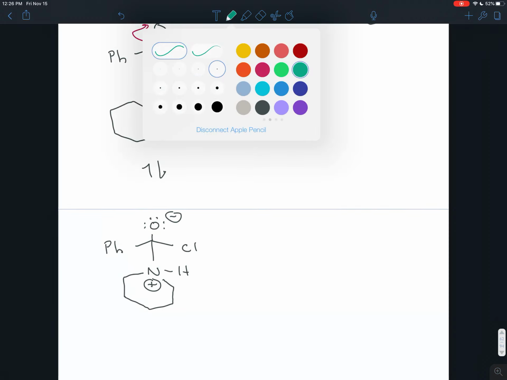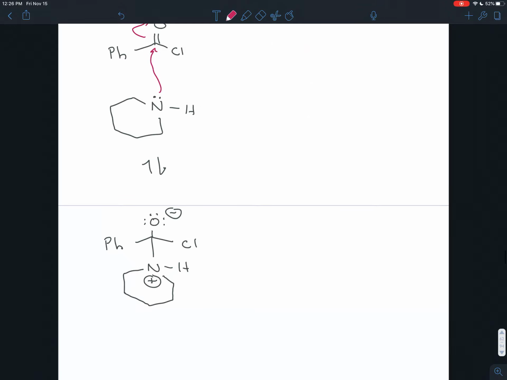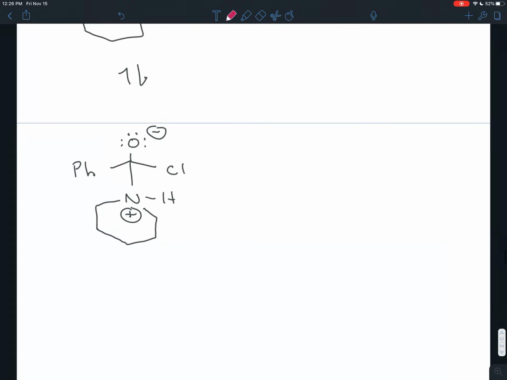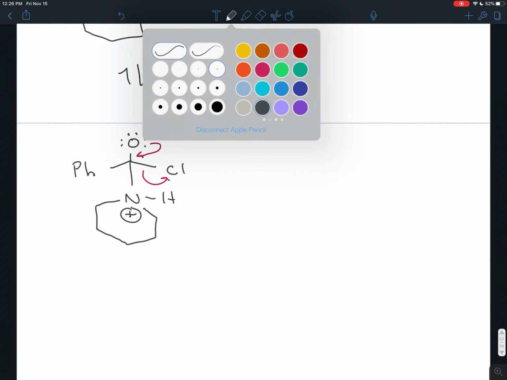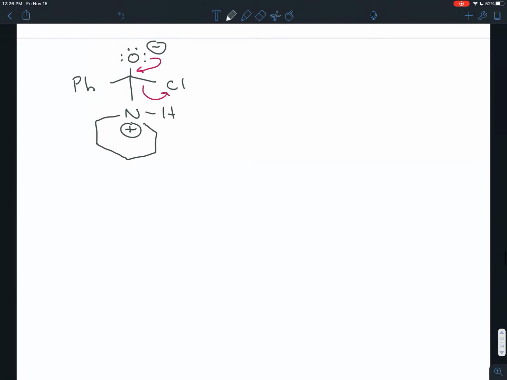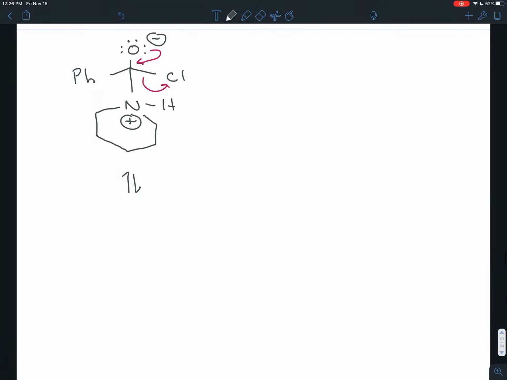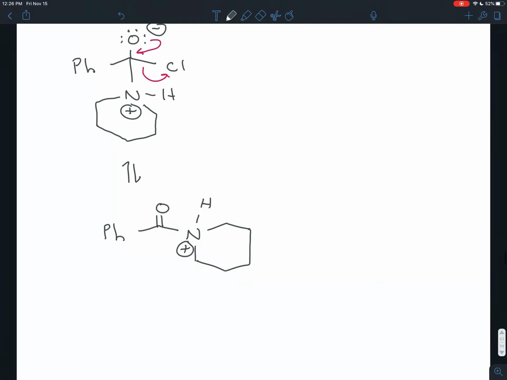Well, that tetrahedral intermediate is very reactive, and so this snaps back down, kicks the leaving group off, and you pretty much have your acyl substitution. The only thing is the nitrogen has that hydrogen there.